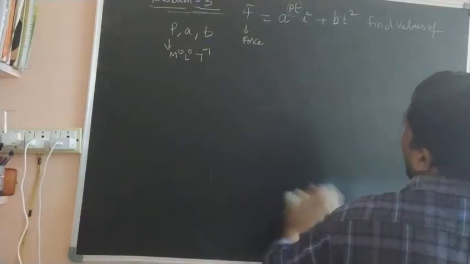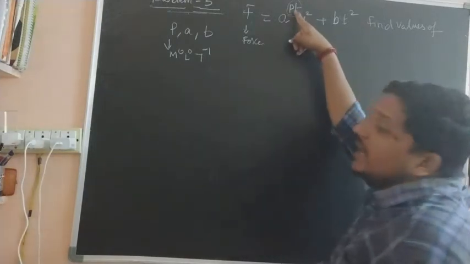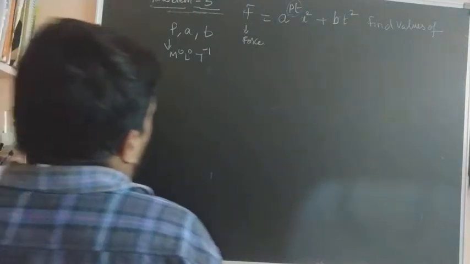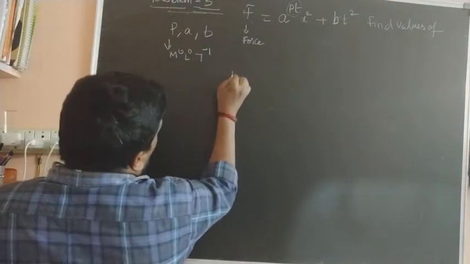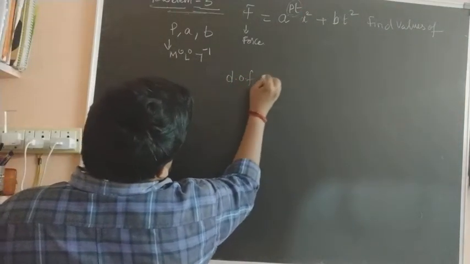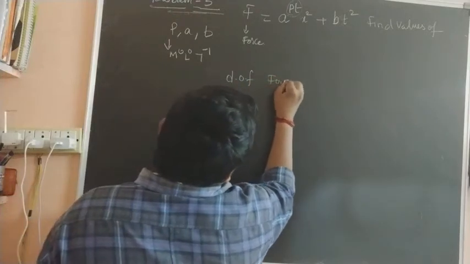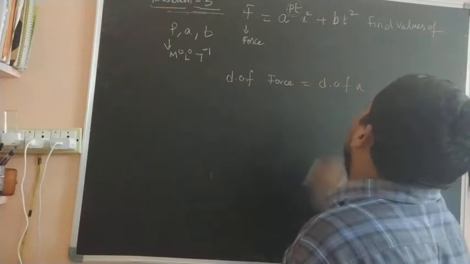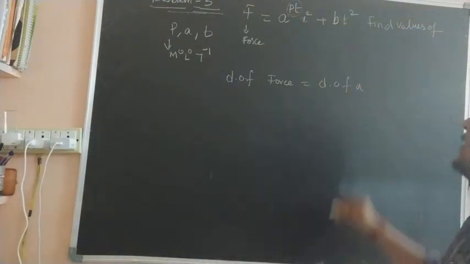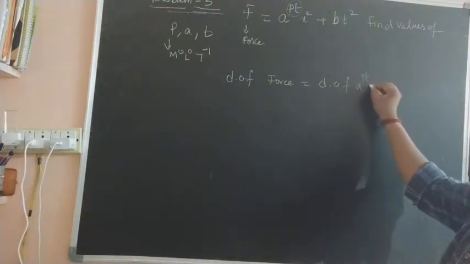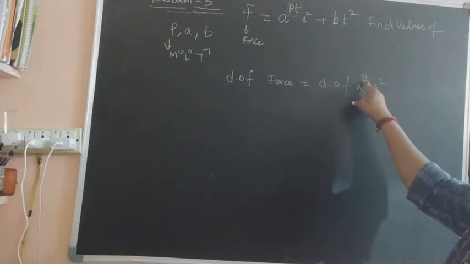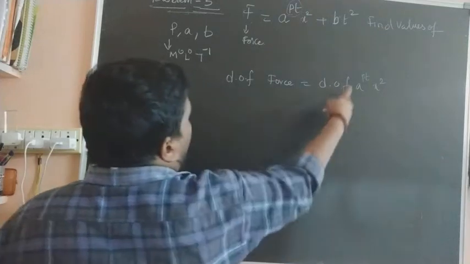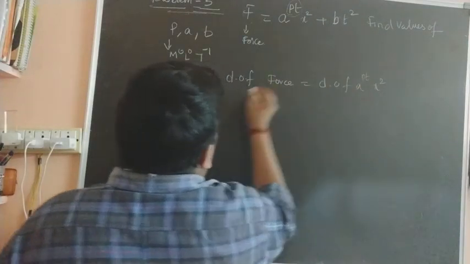We came to know that the power term doesn't have any dimension, so the dimension of force is equal to the dimension of a into x square. Then it becomes a power 0 or something like that. Then it becomes a power 1 is equal to a.